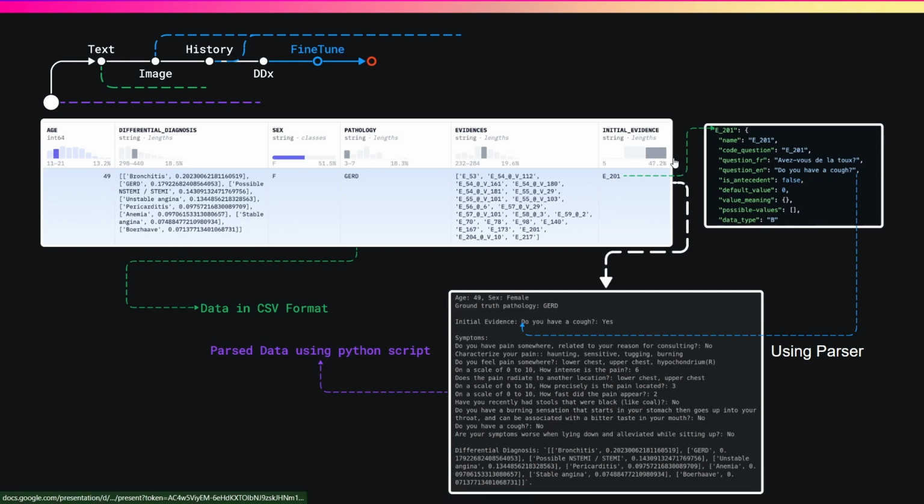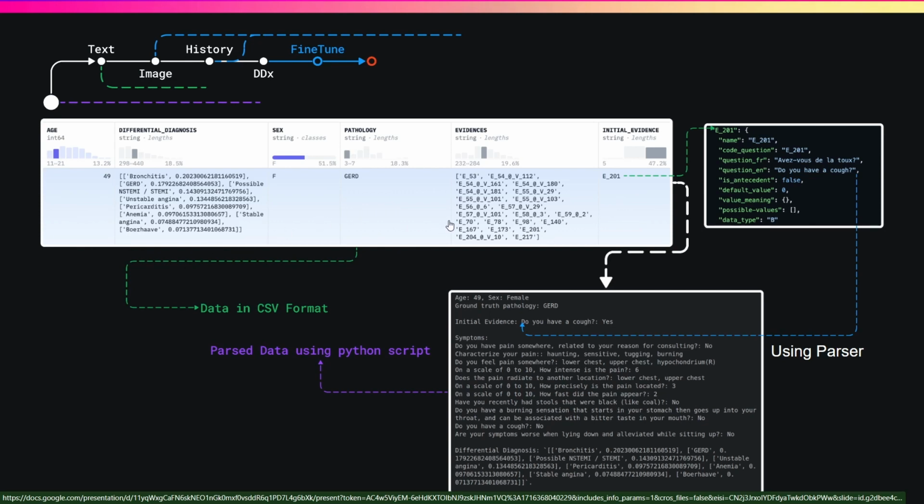So now let me explain what all these mean. E201 is an evidence encoded as an E201 character. As you can see here, every code represents a question in English. So this question represents, do you have a cough, and whether or not this is an antecedent. So this is one sample point, and for these evidences, there is a differential diagnosis given also.